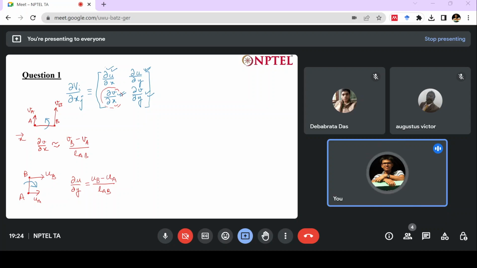Now let us come back to our rectangle, because our question was for a rectangle. What will happen to a very small rectangle in our given velocity field? We are asked to find whether this will have any shear component or not.